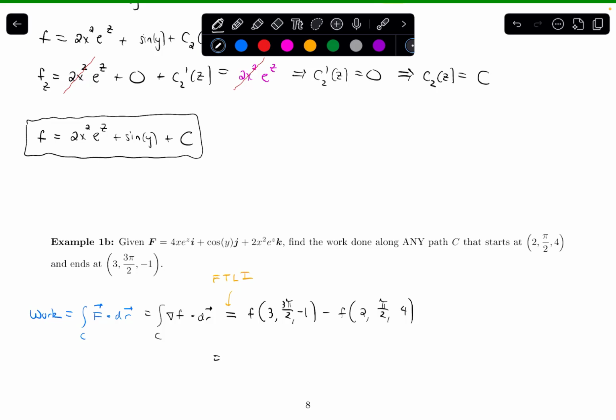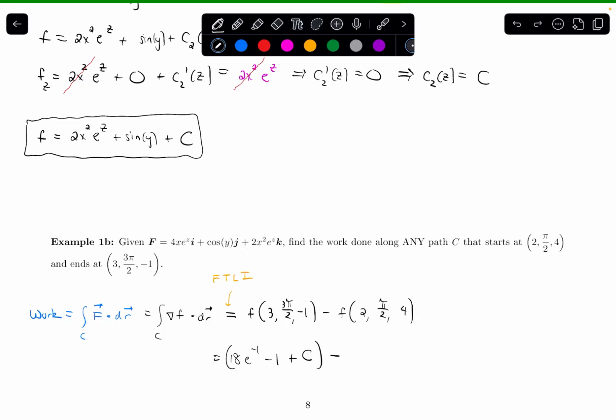Okay, so if I plug in this first term, 2 times 9 is 18, and then I'll get e to the z, so it's e to the negative 1, plus sine of y, sine of 3 pi over 2, that's negative 1, so let me write minus 1, and then I got that plus c. I'll put parentheses around that just to make it a little clearer. And then I have to subtract what I get when I plug this in for x, y, and z into my function little f.